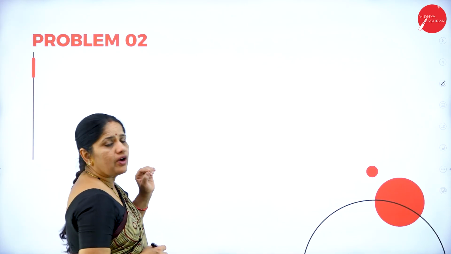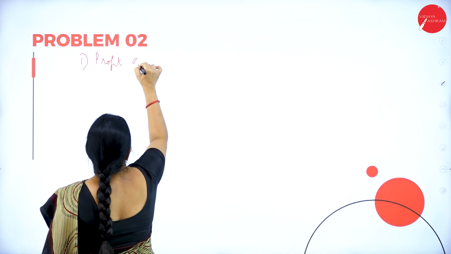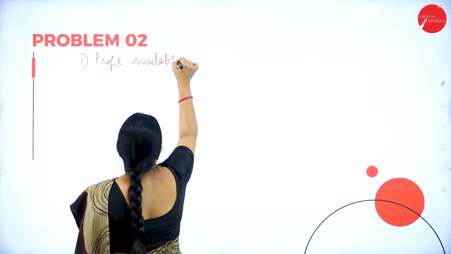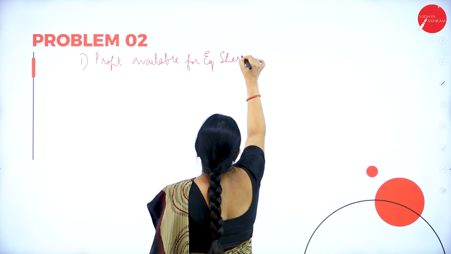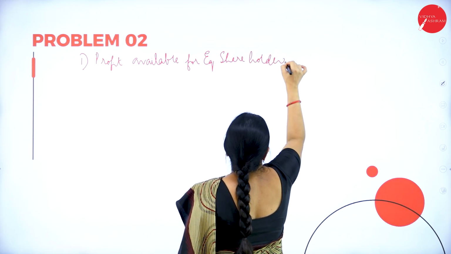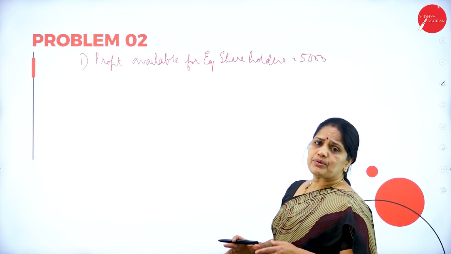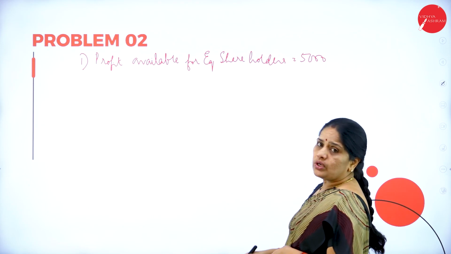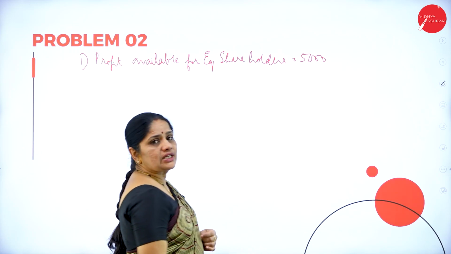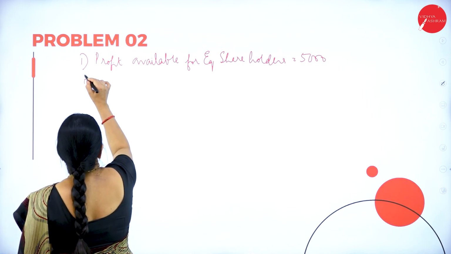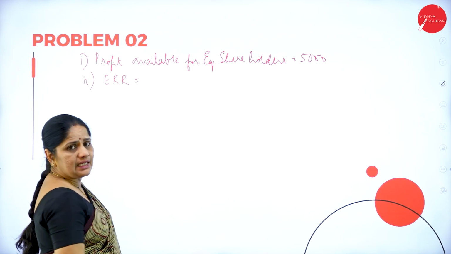Now, the first step is profit available for equity shareholders. In the absence of any other information, we assume that the given profits are the profits available for equity shareholders, that is rupees 5,000. Then, next we have to calculate the ERR. So, the next step will be ERR. Now, how do we calculate the ERR?